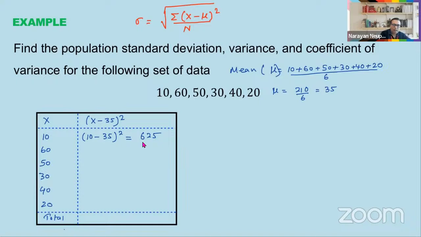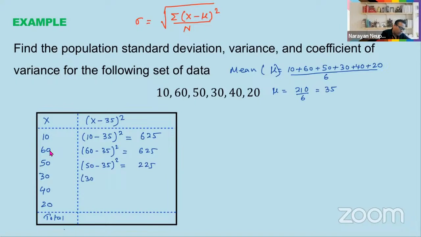Similarly, for the next one, x is 60. 60 minus 35 squared is also 625. Next, we have 50 minus 35, which is 15. 15 squared is 225.